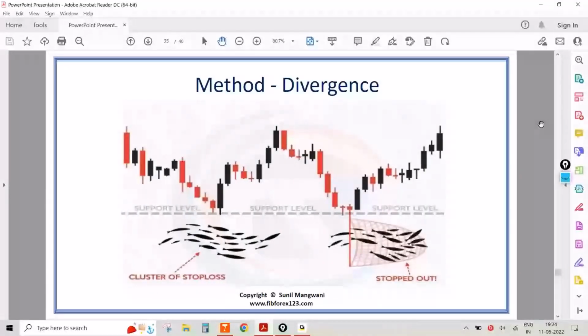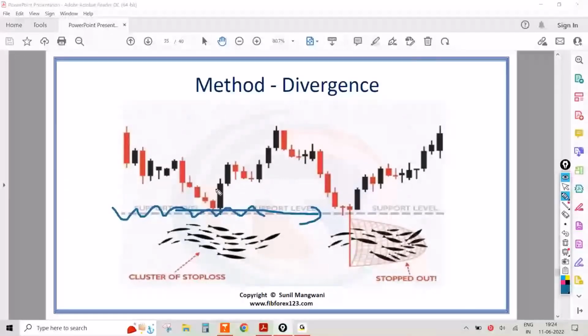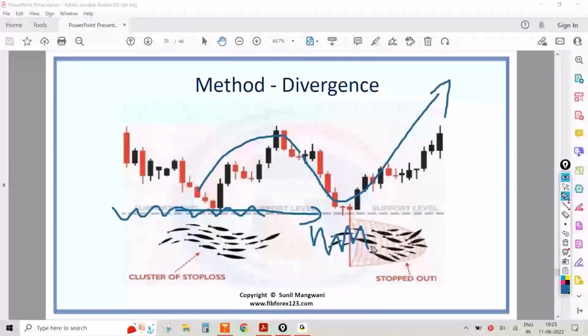Now, divergence is something I went over last time. So you have a support level over here, right? And a lot of traders will place anticipatory orders that if price comes back to this support level, we expect price to move up. And obviously if they place their anticipatory buy orders, they will keep their stop losses below this support level.